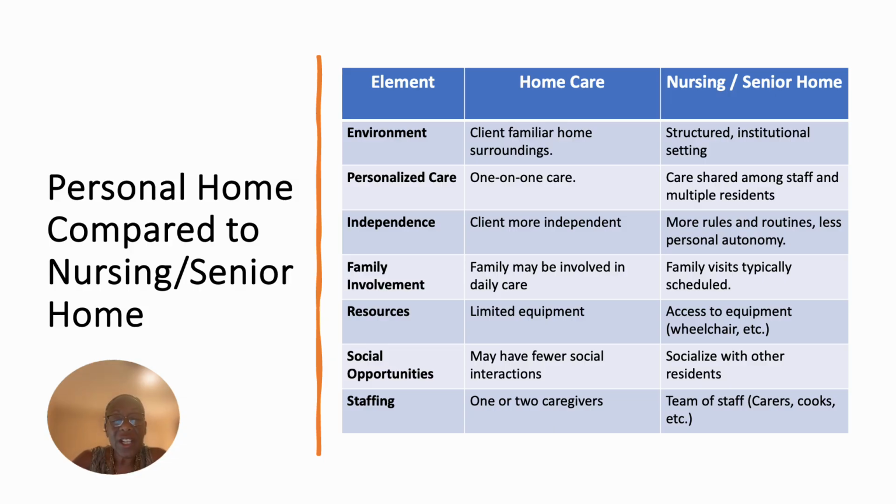Staffing with home care, usually you have one or two caregivers. That is based on the abilities of the client. Some clients who remain in the home may have to have two or more caregivers or carers because of any limitations if they're not able to bathe themselves and the like. Whereas, again, in the senior home or nursing home, you may have a team of staff, such as the carers, the cooks, and in some places, in some of the other countries, you have particular assignments.